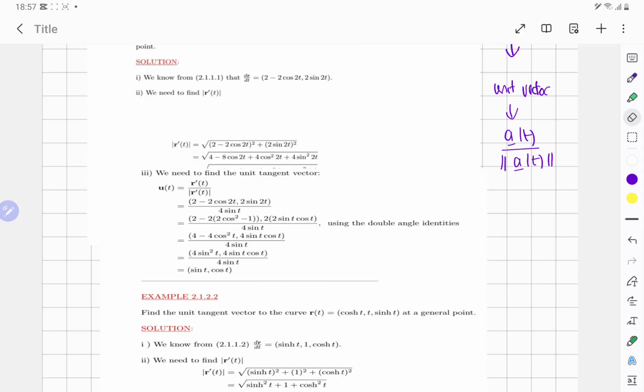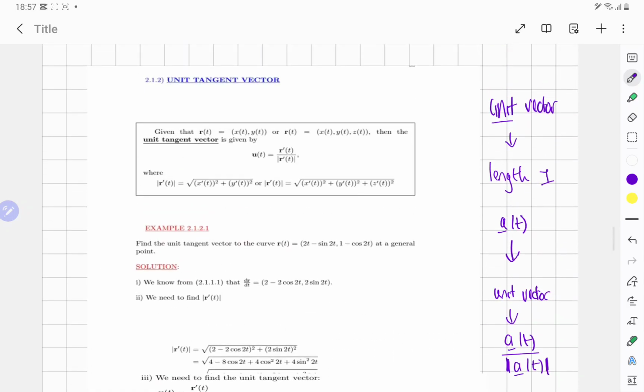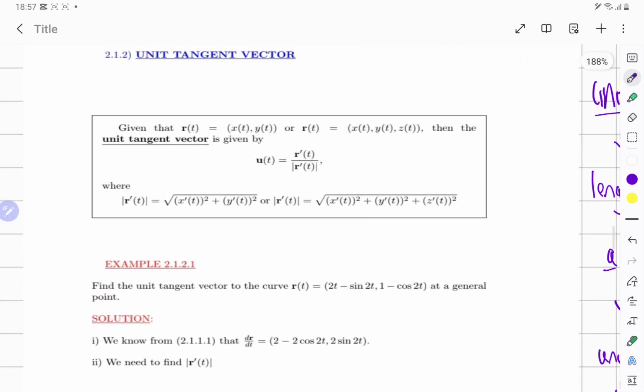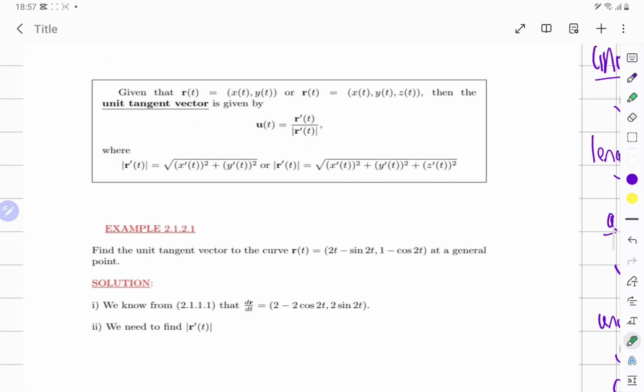So in most textbooks they use the double line for the length of the vector, but in this course we will just use the single line. So I just want you to see, yeah, I'm doing the keyword unit tangent vector. Hence, I'm changing my tangent vector to a unit vector. Therefore, I do r prime over the magnitude of r prime.